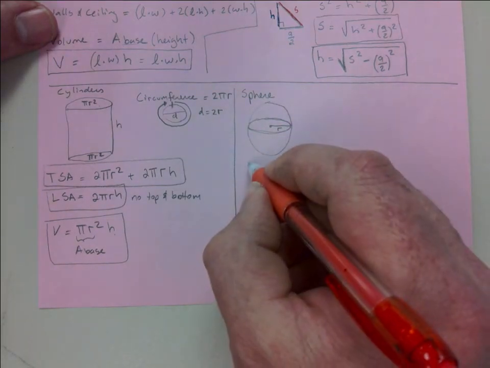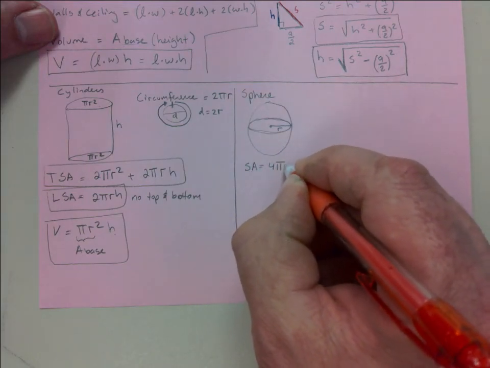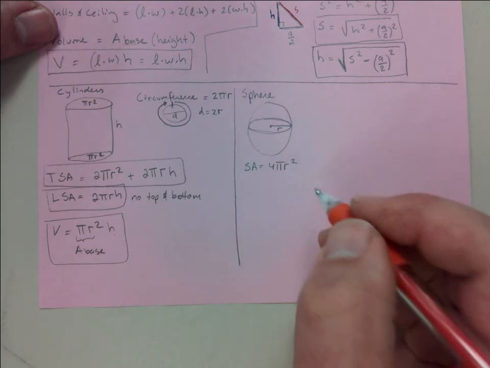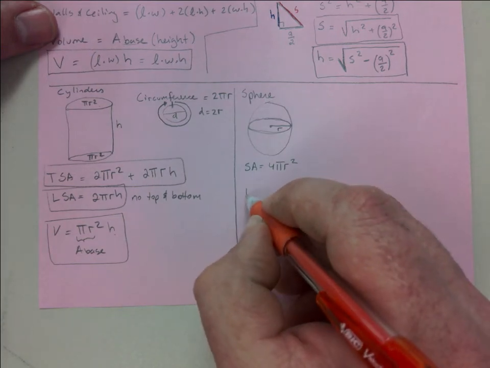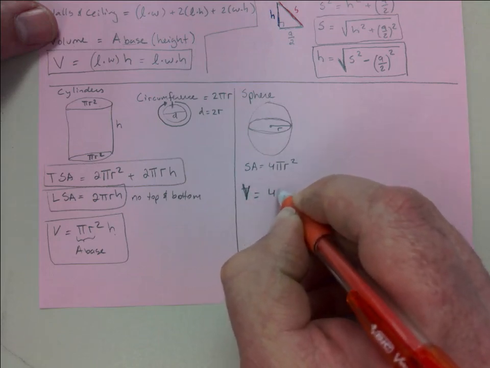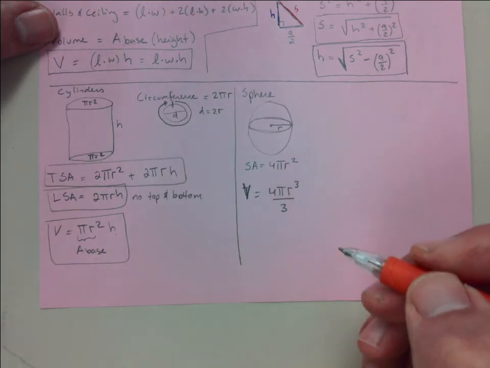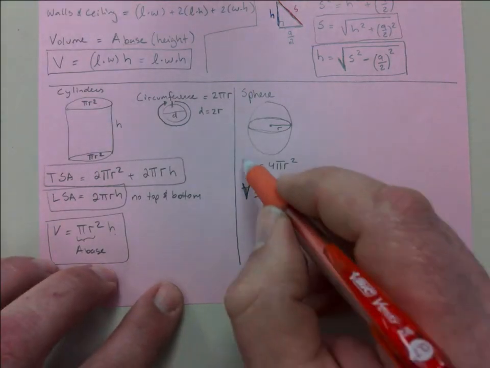The total surface area is 4 pi r squared, and the volume is 4 pi r cubed divided by 3. So it's actually very straightforward there.